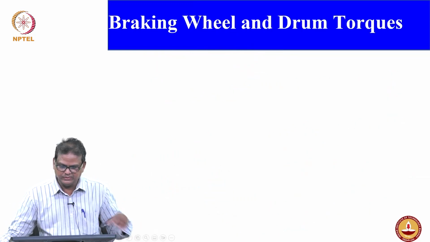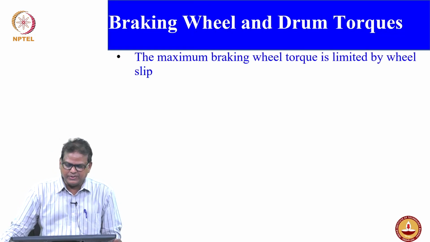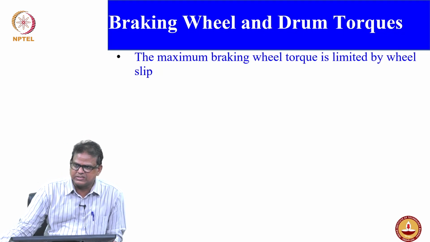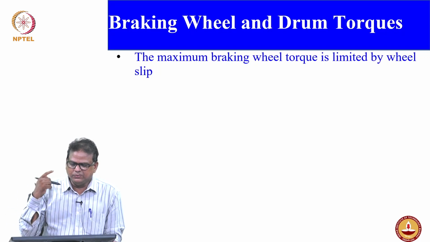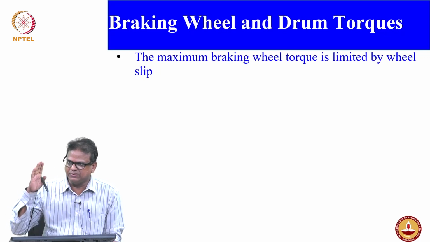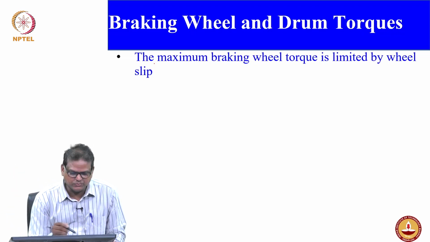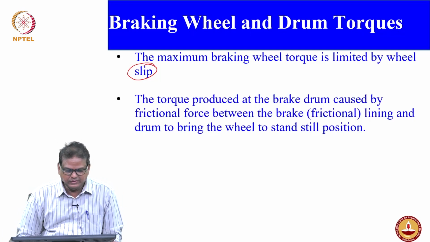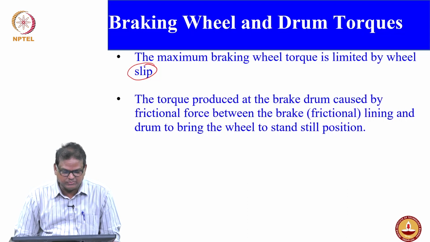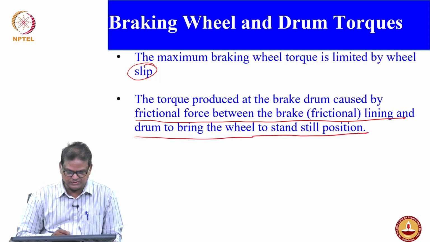So the braking wheel and the drum brake torques. The maximum braking wheel torque is limited by your wheel slip. Wheel slip means the wheel rotates, and the moment you reach the maximum braking torque, the wheels try to skid or slide. That is what we mean by the slip aspect. The second thing is the torque produced at the brake drum, caused by frictional force between the brake lining and the drum, to bring the wheel to a standstill position.